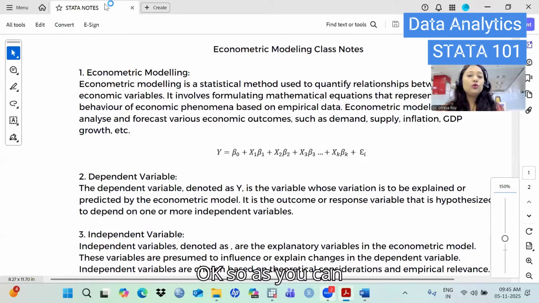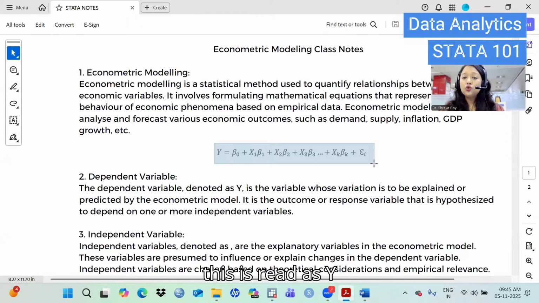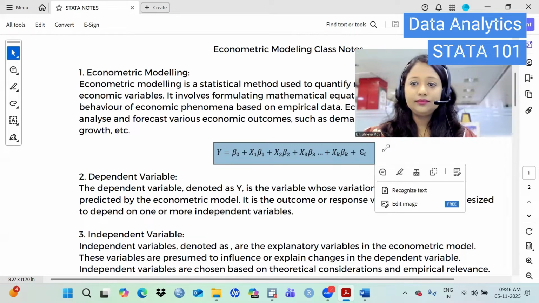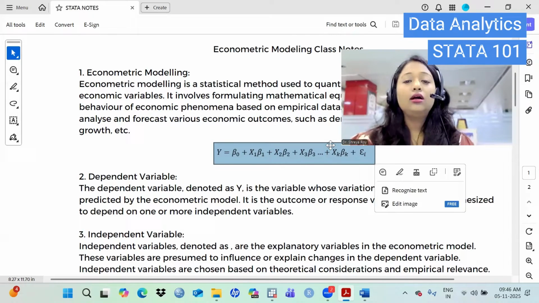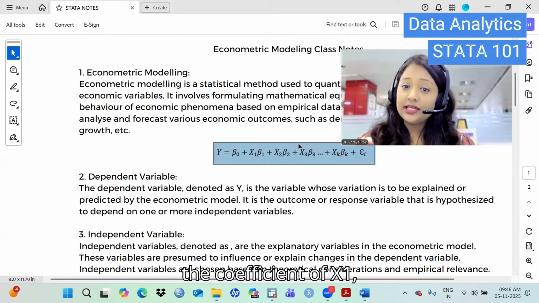So this part is read as y is equal to beta naught plus x1 beta 1 plus x2 beta 2 dot dot xk beta k plus epsilon. Y is my dependent variable, beta naught is my intercept term, beta 1 is the coefficient of x1.